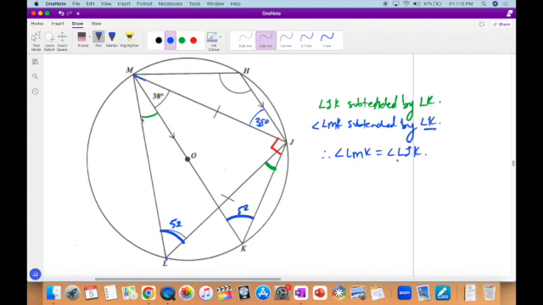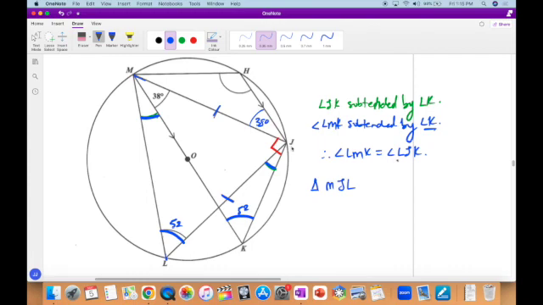So now if we find this angle, we will find this angle. Notice that the triangle MJL, this triangle here, notice how this and this are equal.